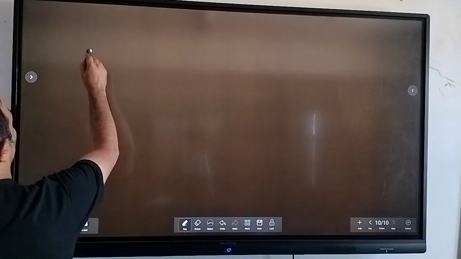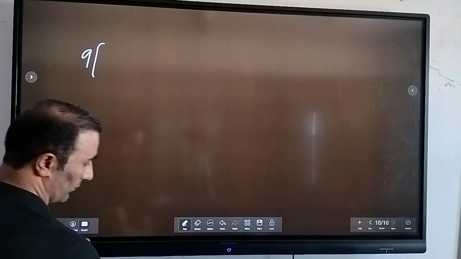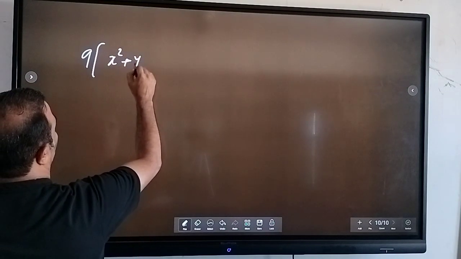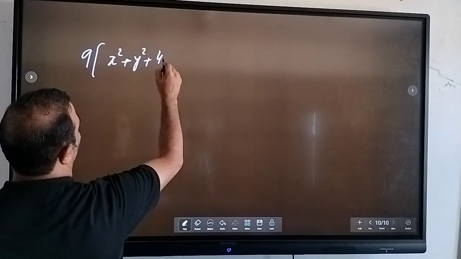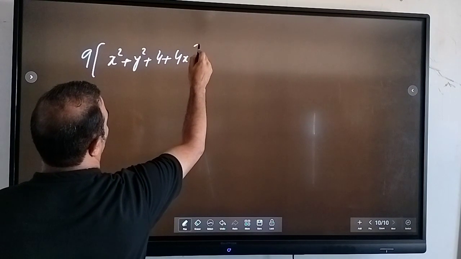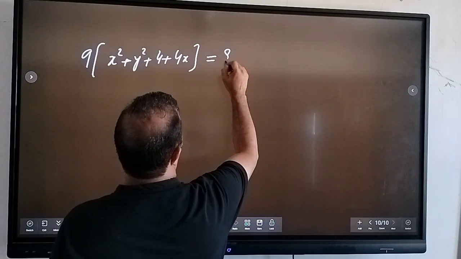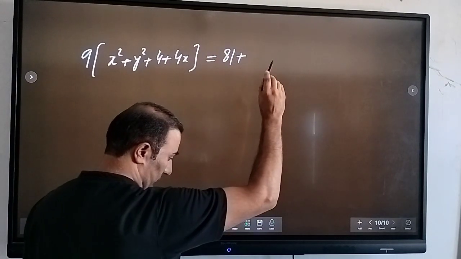So that will be equal to 9 into, and that's equal to 81 plus.